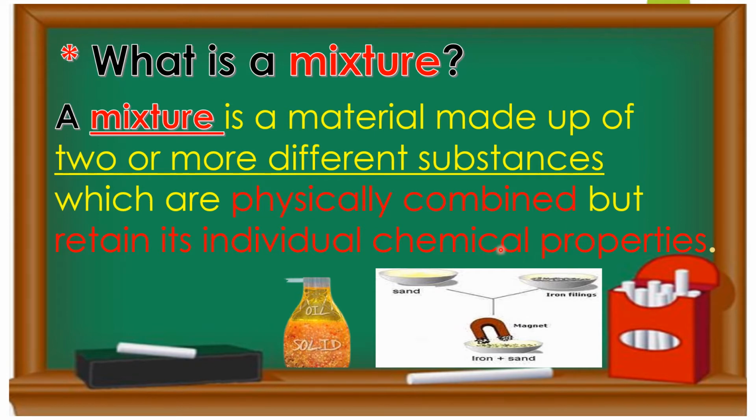So what is the difference between physical properties and chemical properties? Some examples of physical properties are your color, your length, your volume, and your opacity. Next, what is a chemical property? Chemical properties are, for example, acidity, reactivity, flammability, and toxicity.